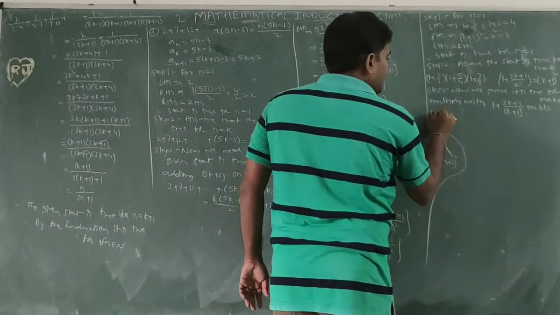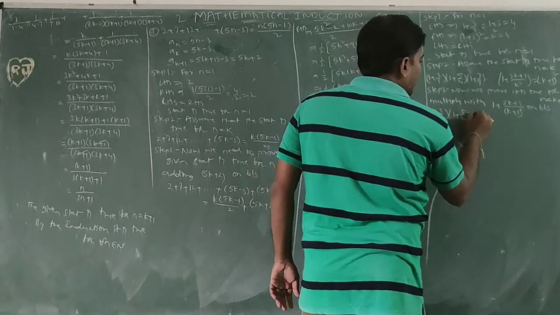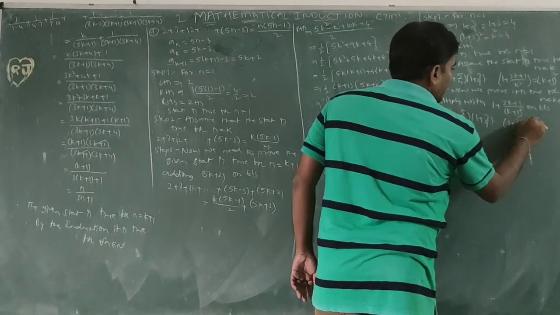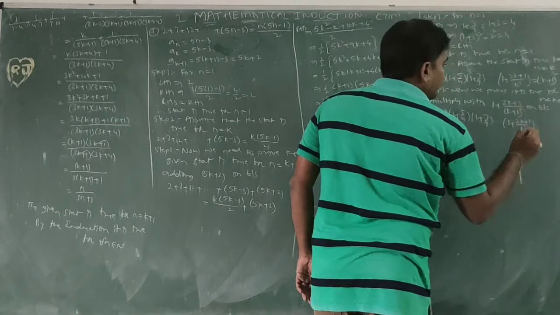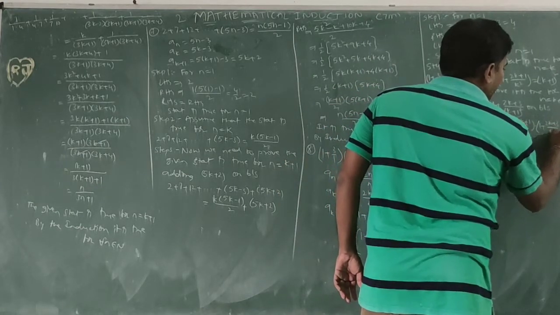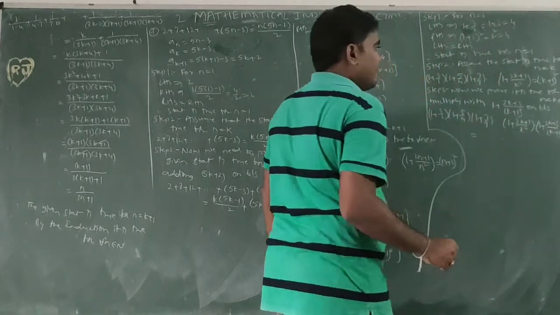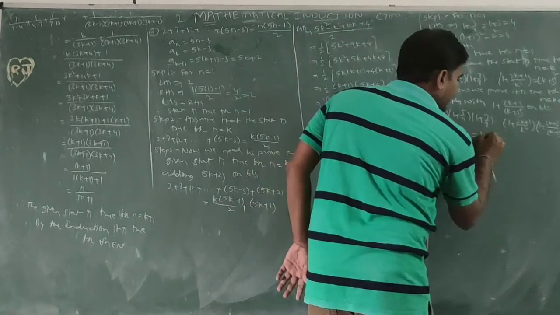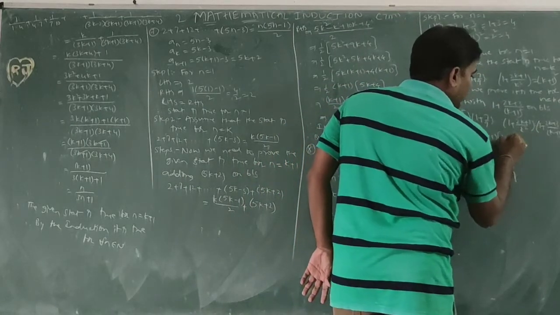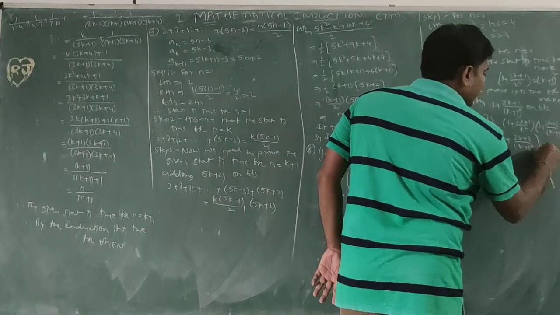So 1 plus 3 by 1, 1 plus 5 by 4, 1 plus 7 by 9, up to 1 plus 2k plus 1 by k square, into 1 plus 2k plus 3 by k plus 1 whole square, equal to right side k plus 1 whole square, left side into 1 plus 2k plus 3 by k plus 1 whole square.